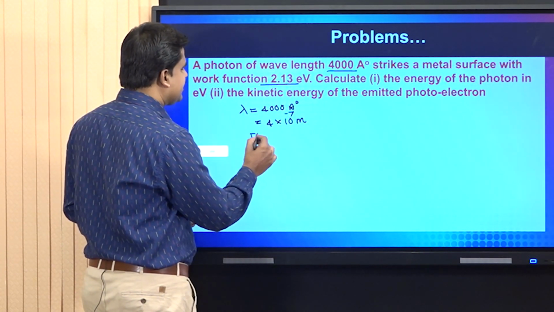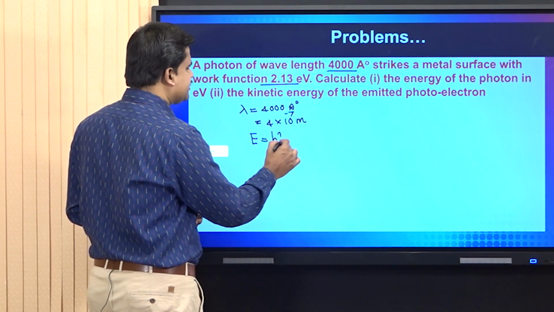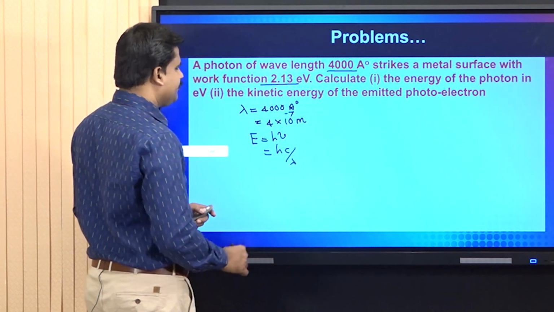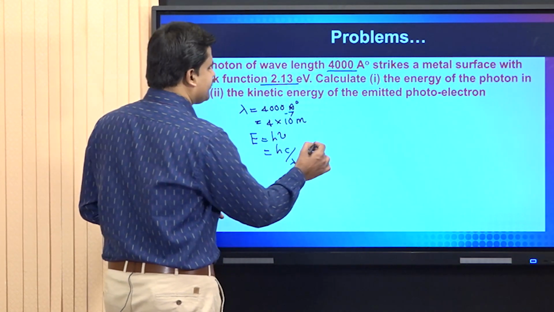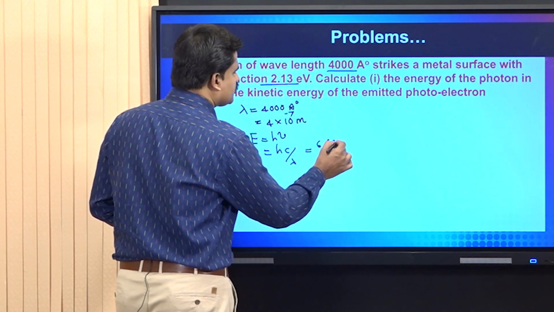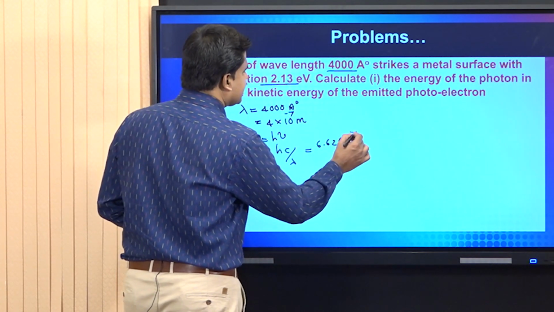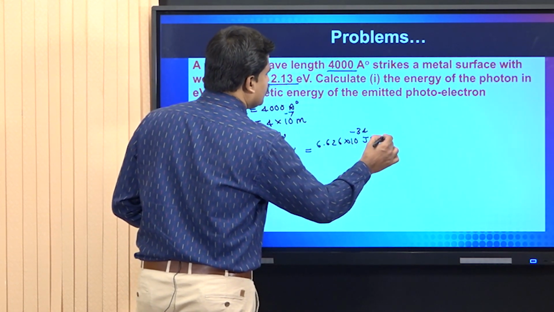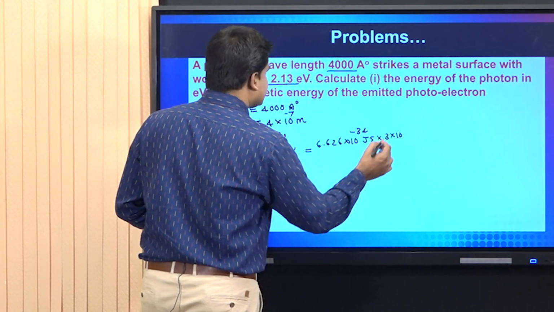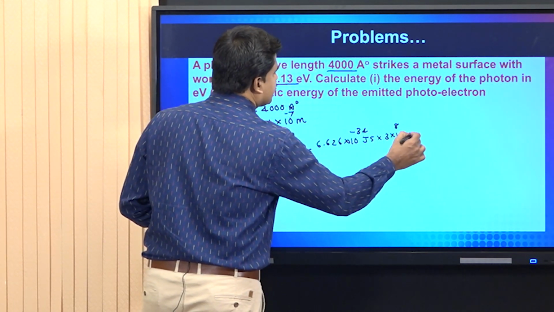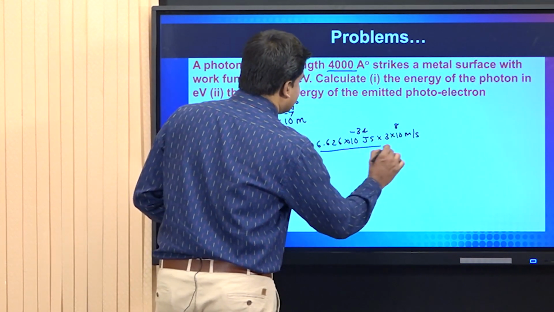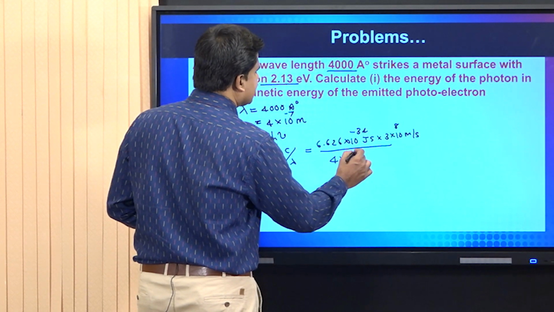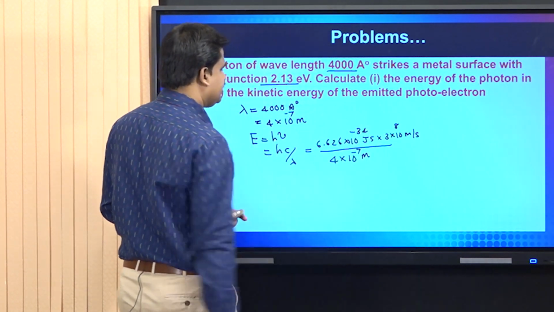The relation is E is equal to h nu, that is h c by lambda, that is equal to 6.626 into 10 raised to minus 34 joule second into 3 into 10 raised to 8 meter per second divided by wavelength, that is 4 into 10 raised to minus 7 meter.